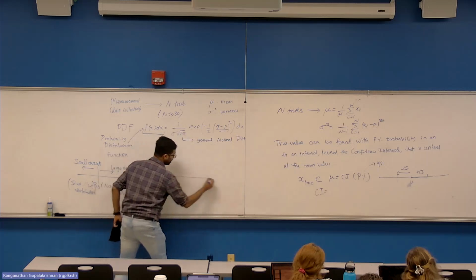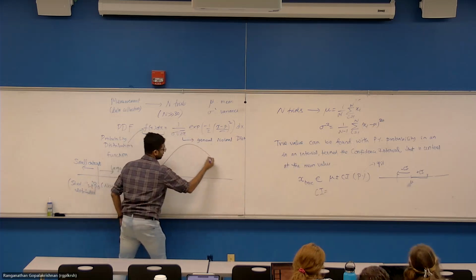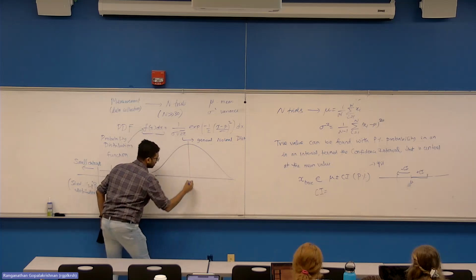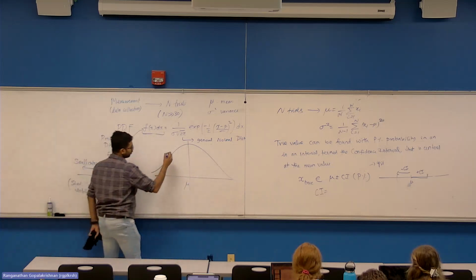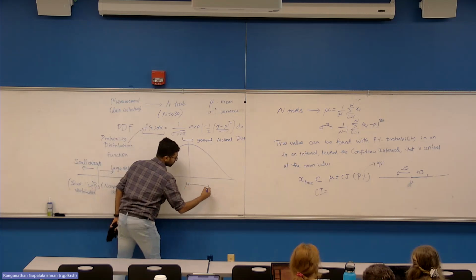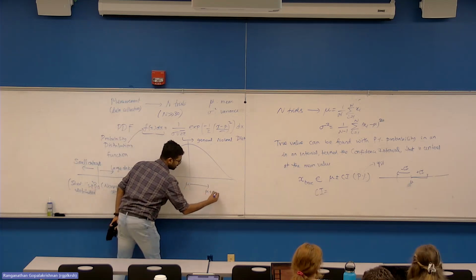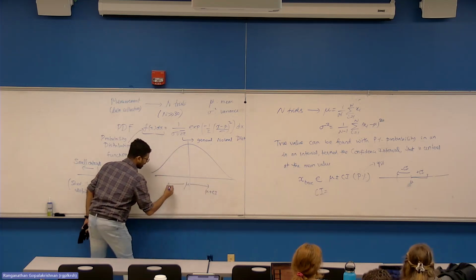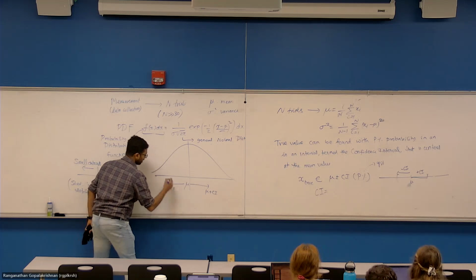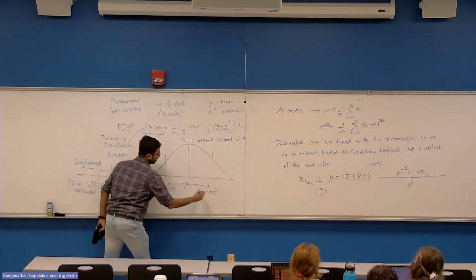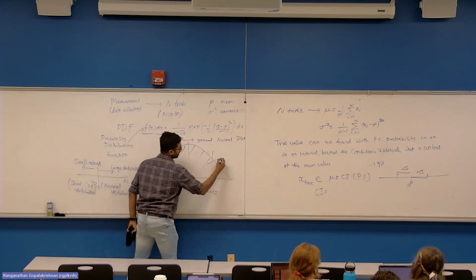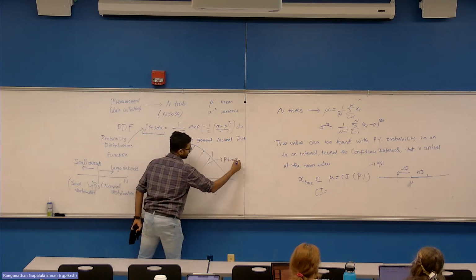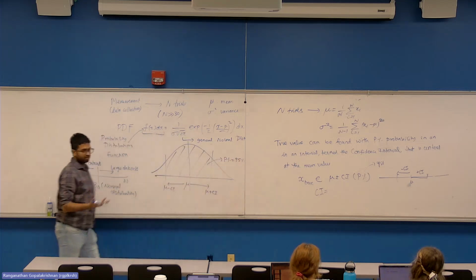I have my bell curve. Here is mu, and the true value I'm saying is between mu plus CI and mu minus CI. This true value I'm saying is to be found with P% chance, and P happens to be 95% as my choice.